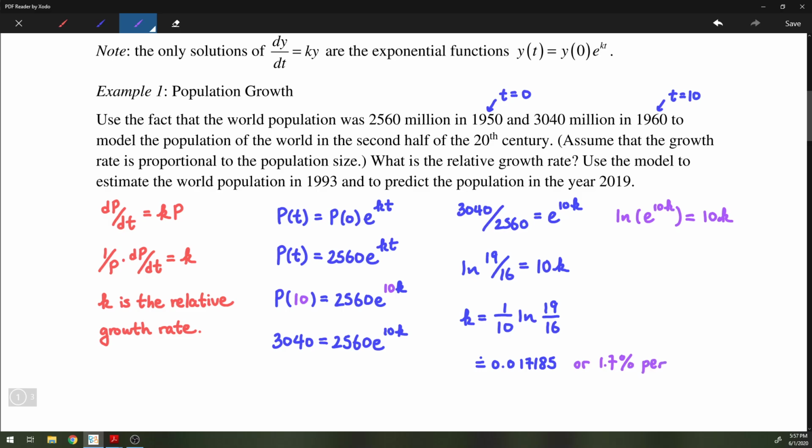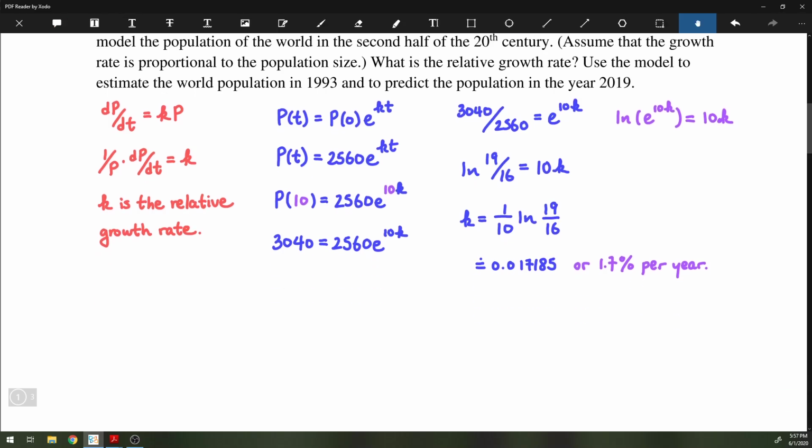Okay, so what this is saying is, over the span of those 10 years, the world population growth rate was 1.7% per year. Now, of course, that number fluctuates, and now it's quite a bit lower, actually. But regardless, let's look at the next part here.